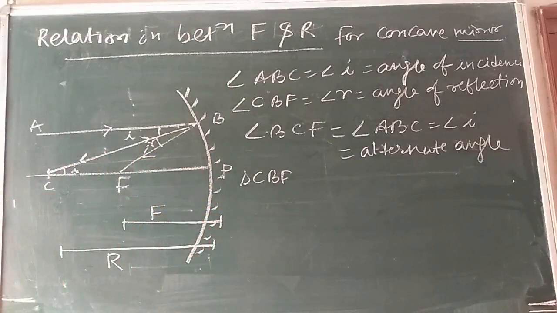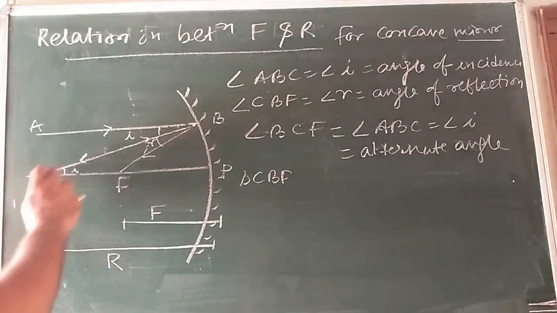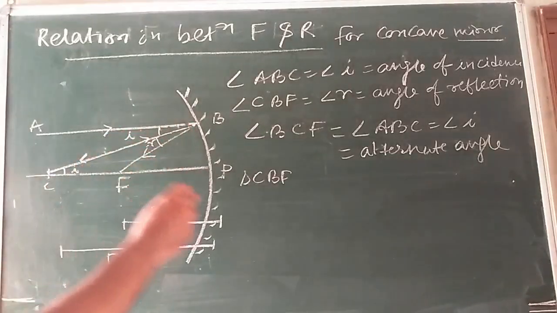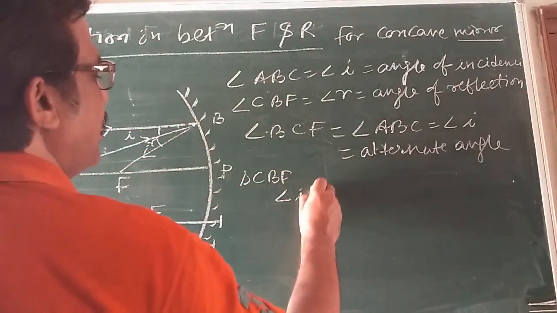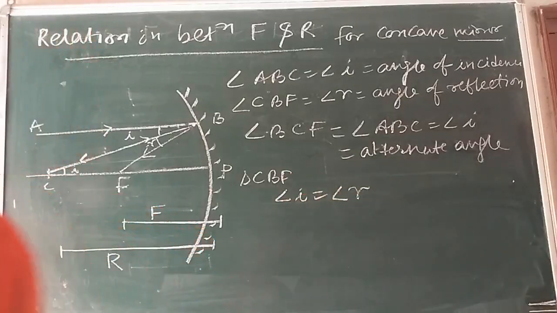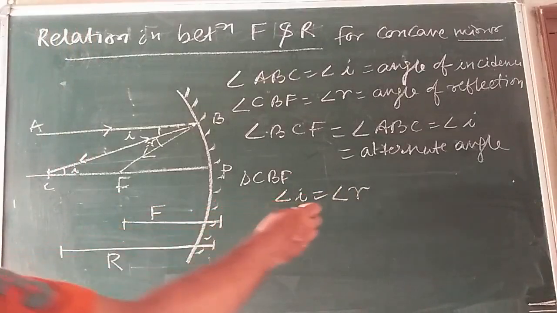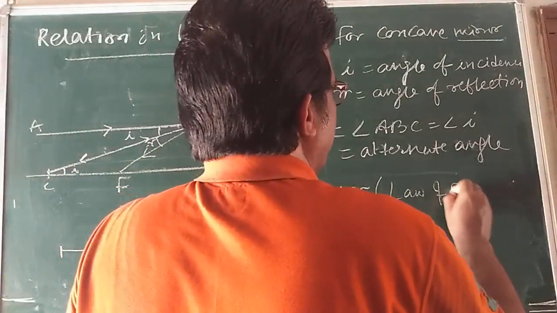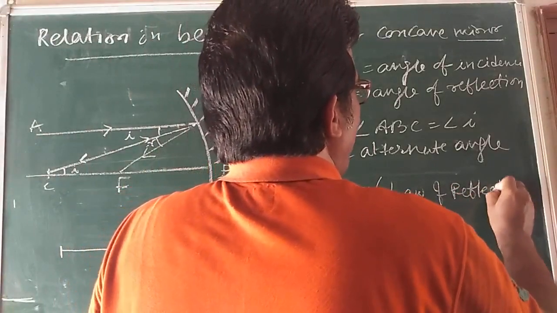Dear children, in triangle CBF, angle I is equal to angle R. This is according to the law of reflection.